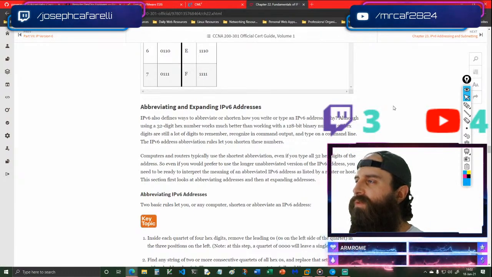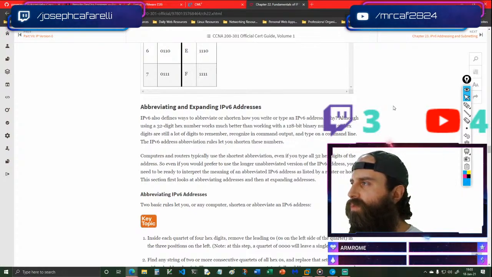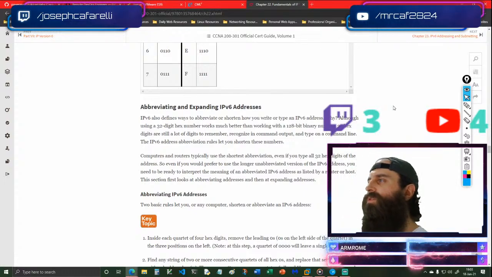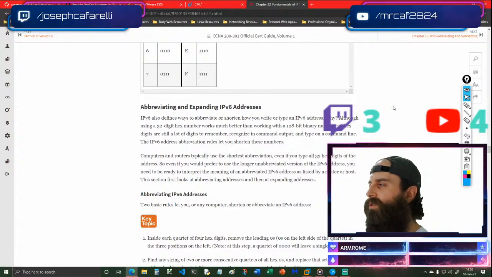The IPv6 address abbreviation rules let you shorten these numbers. Computers and routers typically use the shortest abbreviation, even if you type all 32 hex digits of the address. So even if you would prefer to use the longer version of IPv6 addresses, you need to be ready to interpret the meaning of the abbreviated IPv6 address as it is listed by the router or host.